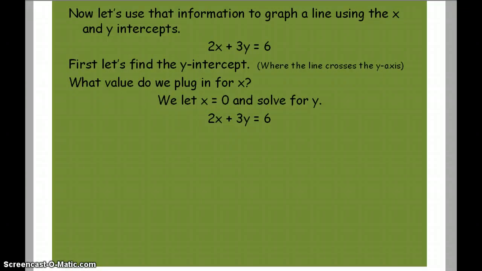Okay, now we're going to use that information and we're going to graph a line using the x and y-intercept. So the first thing I want us to do, let's find the y-intercept. So what value do we plug in for x? So when we're finding the y-intercept, x is what? Zero.